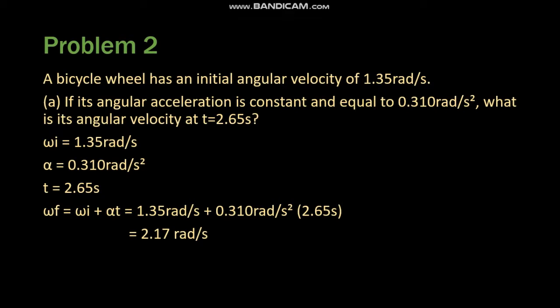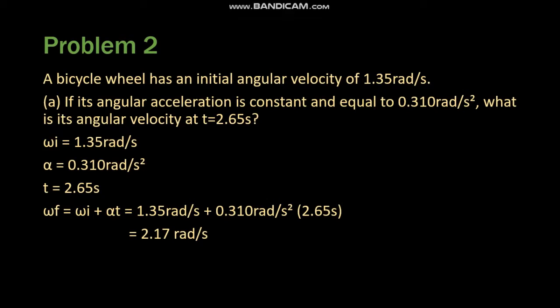Because it is most suited for the problem: the initial angular velocity is given, the angular acceleration is given, and the time is also given, so it matches the right side of the formula.